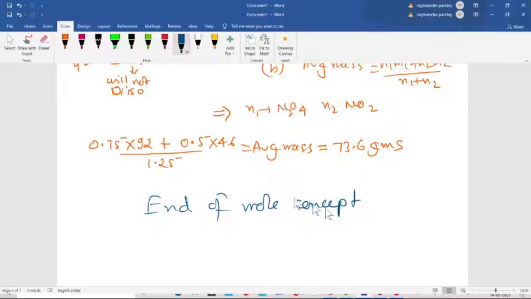Okay, but remember, mole concept can cover the whole of chemistry, but we can't read all of the chemistry in one chapter. So whatever is required, I taught you in various chapters. Next we will study atomic structure, the structure of the atom. After that, we will study periodic properties.